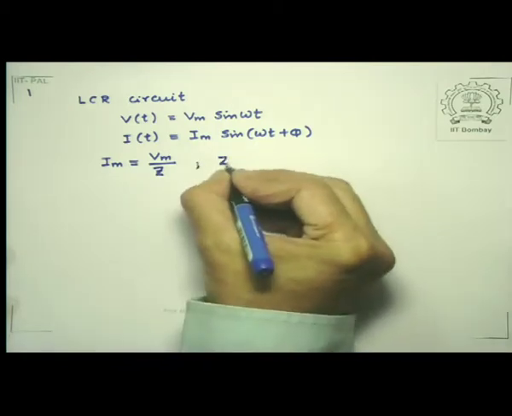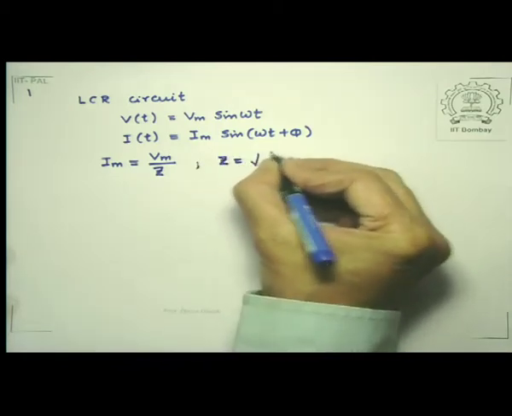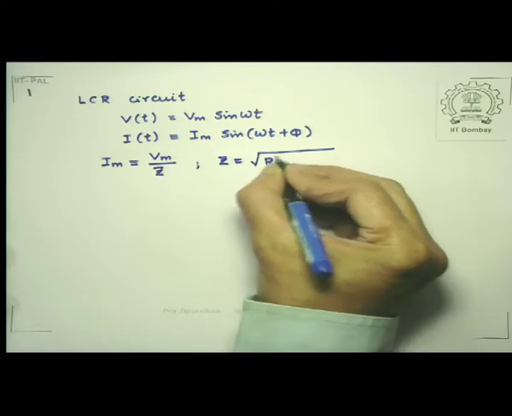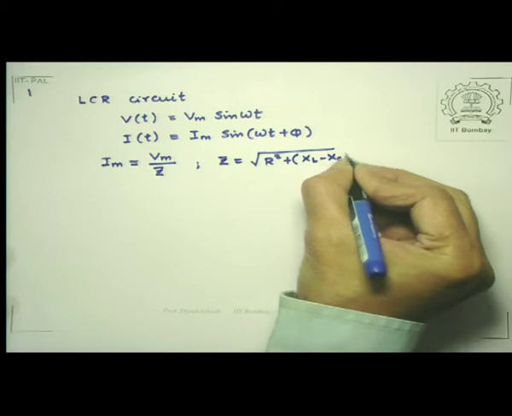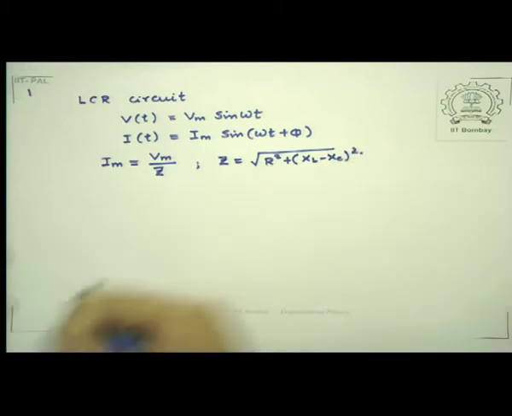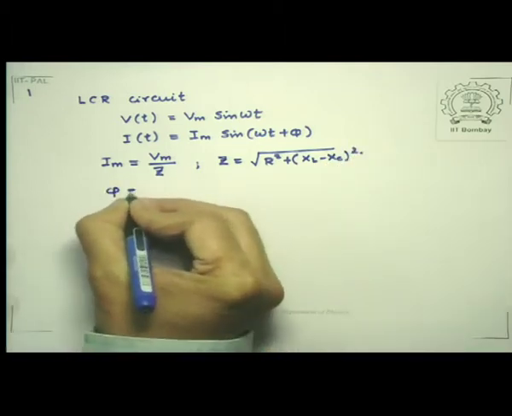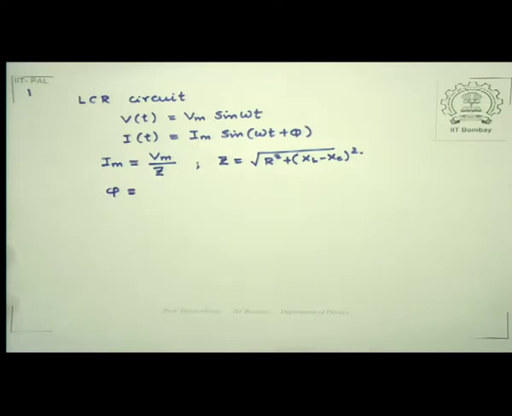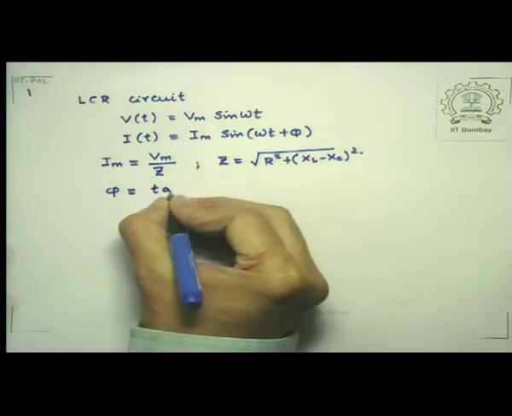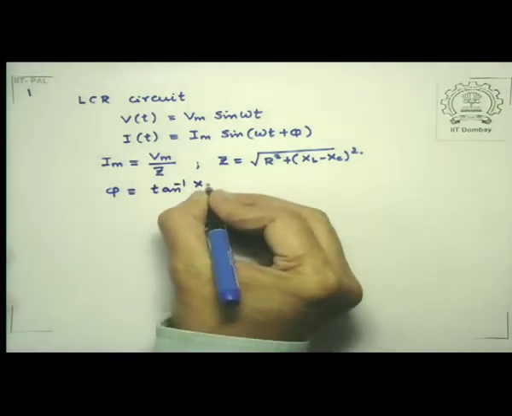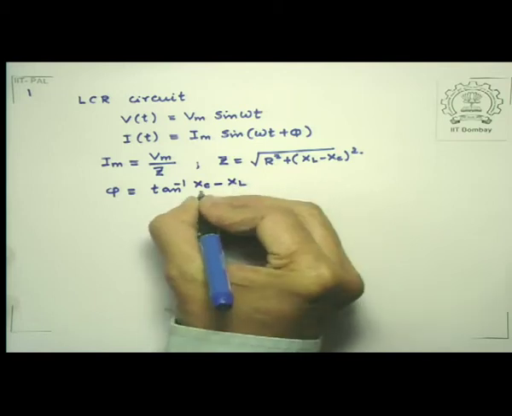The impedance Z we had seen is defined as the square root of R square plus XL minus XC whole square, and the phase difference between the current and the voltage, actually in this case the amount by which the current leads the voltage in phase, is given by tan inverse of XC minus XL divided by R.